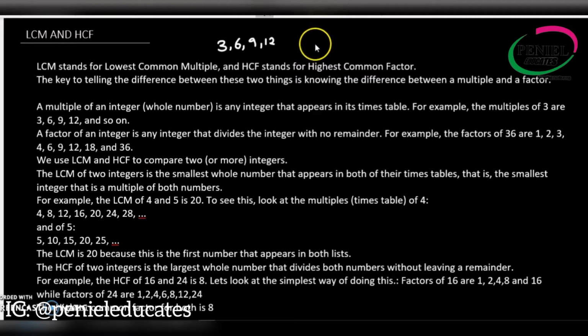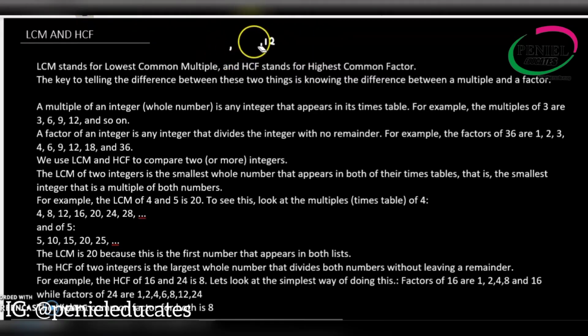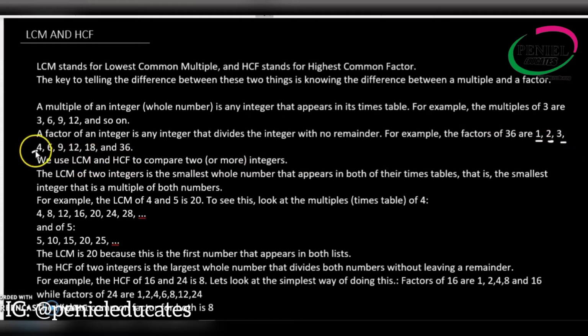For example, the factors of 36: we know that 1 is a factor of 36, 2 is a factor of 36, 3 is a factor of 36, and 4 can divide 36 without any remainder. Likewise 6, 9, 12, 18, then 36 is 2 times 18 and 36 is 1 times 36. So these are the factors of 36.